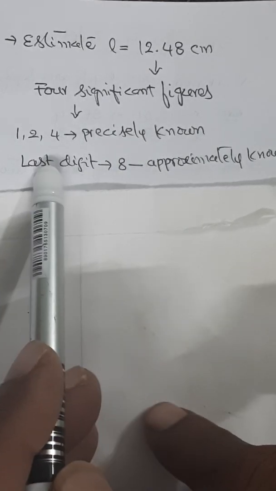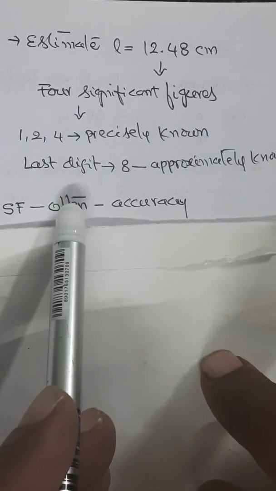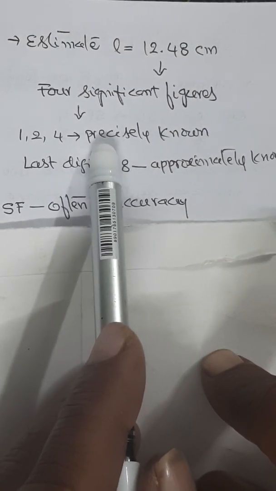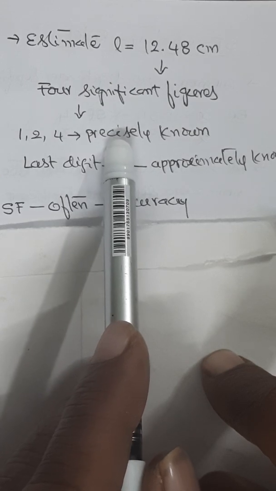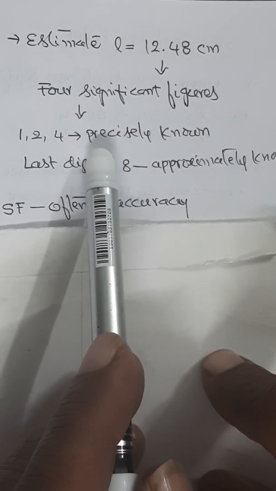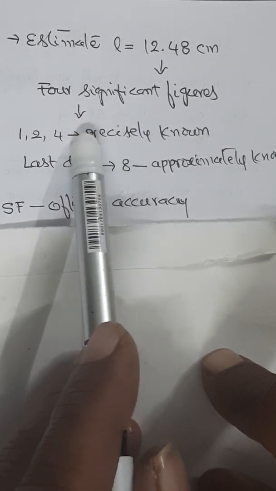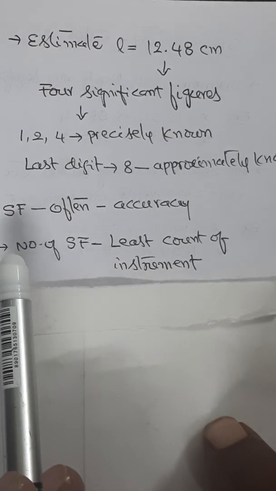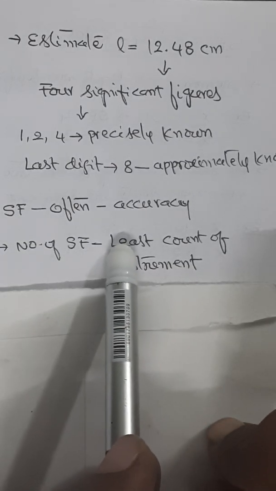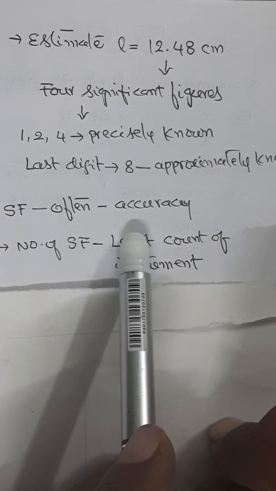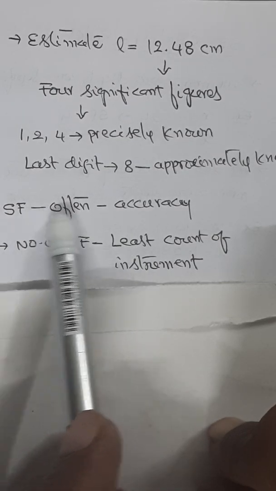So significant figures often represent the accuracy with which a physical quantity is measured. Therefore, the number of significant figures in a physical quantity depends on the least count of the instrument used for its measurement, because more accuracy depends on significant figures only.